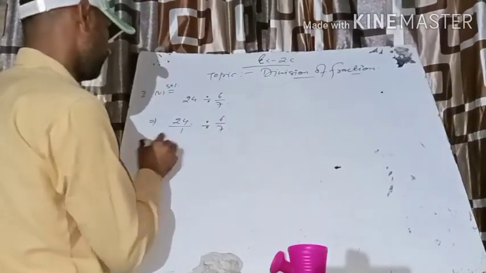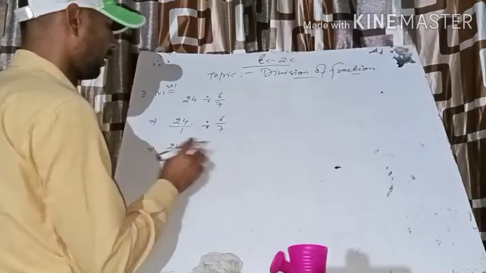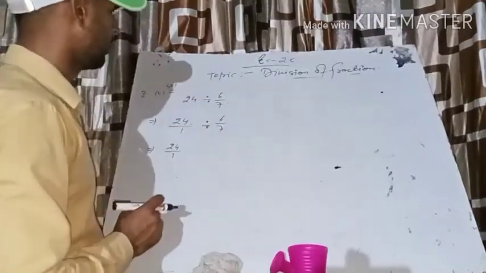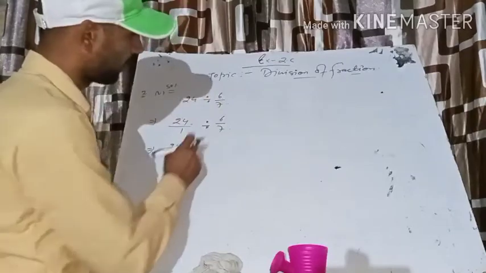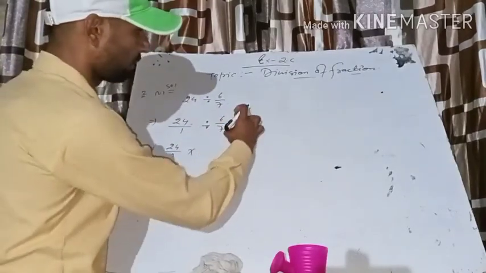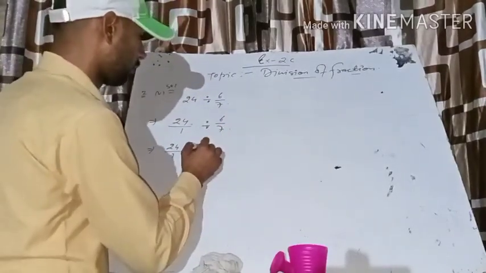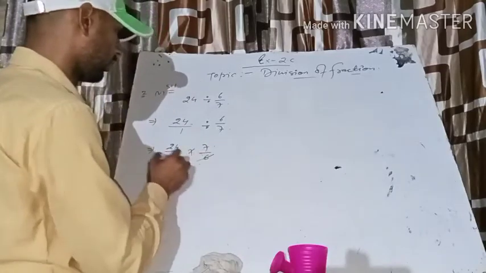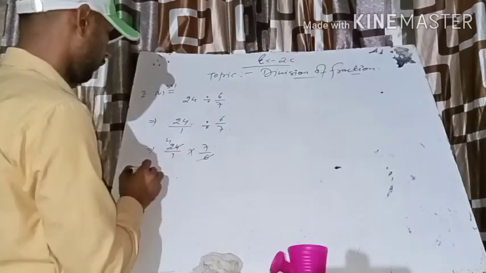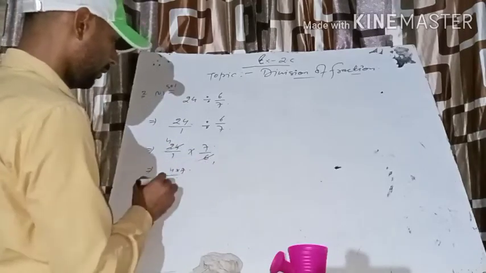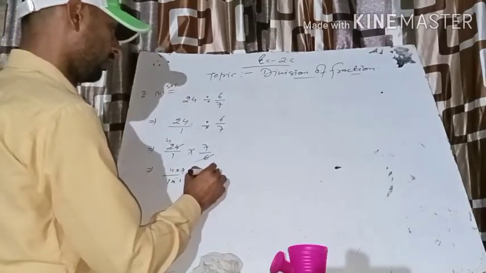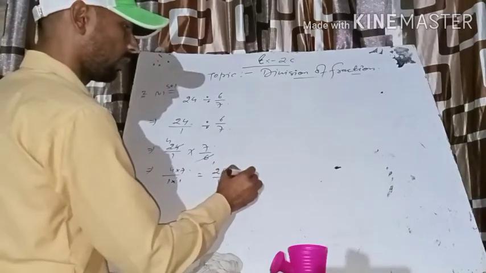In the next step, as in the previous explanation, use the multiplication sign in place of the division and take the reciprocal of the second fraction, so 7 upon 6. Now cancel: 6 fours are 24. Now 4 into 7 upon 1 into 1, 28 by 1, that is 28, your answer.